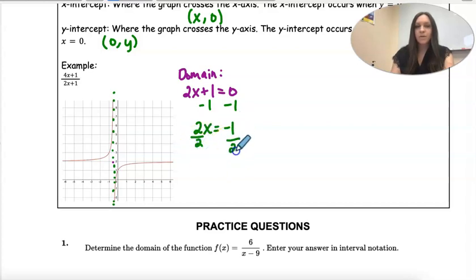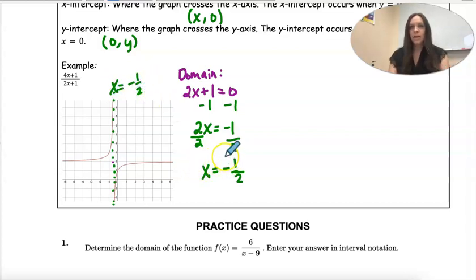Divide by 2 on both sides, x equals negative 1/2. So we just found the asymptote right here. This line right here is x equals negative 1/2. And that is the value when the denominator is 0.